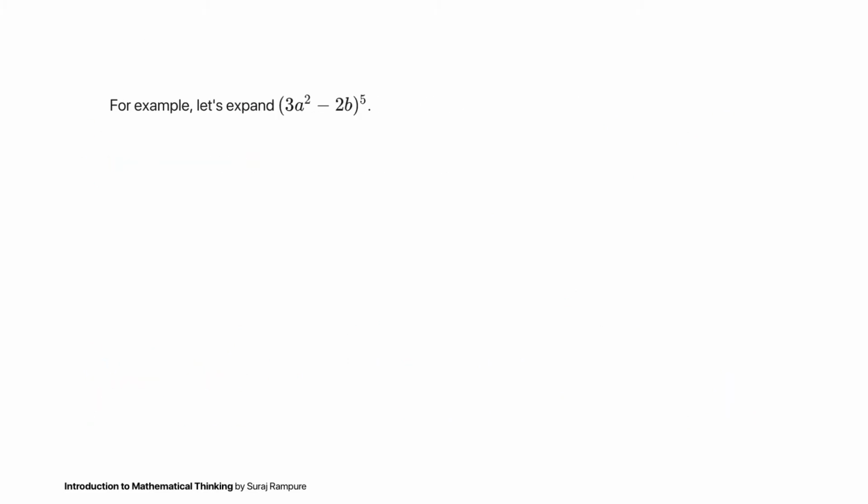No? Okay. So as an example, let's expand this out. Okay? 3a squared minus 2b to the exponent 5. So if we're using the previous example, here we have x is equal to 3a squared and y is equal to negative 2b. Okay?